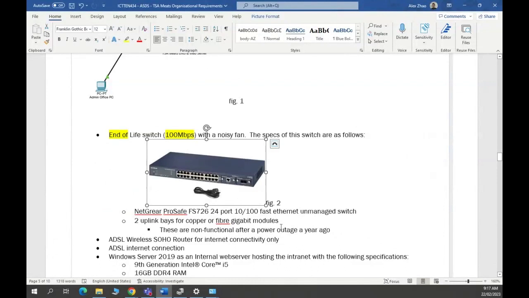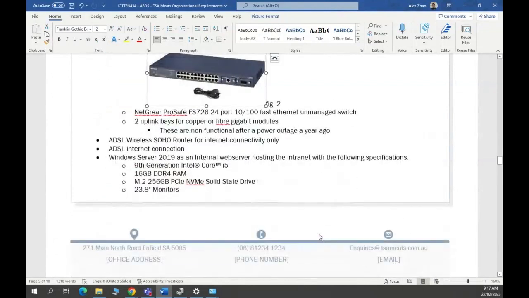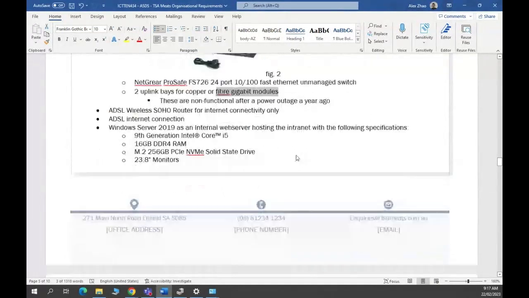But the fiber, if you've never heard of that, is made from glass fibers internally, and they use light rather than electrical impulses, and they usually can go over longer distances and are not as susceptible to magnetic interference. That's interesting. But they're only gigabit anyway, so even those are just the normal speed.